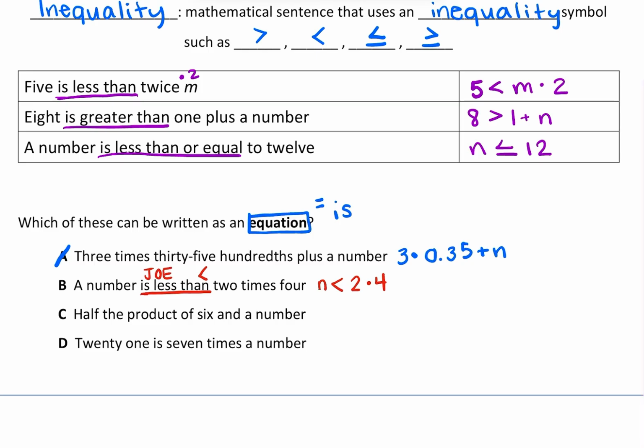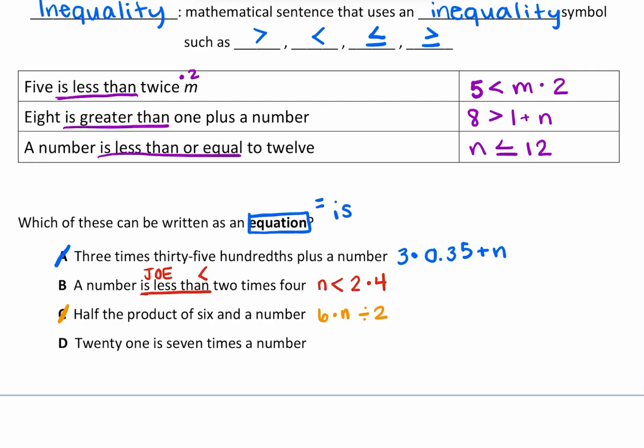Okay? C, half the product of 6 and a number. Okay, that doesn't have anything. So half means I'm dividing by 2. Product means multiply. 6 and a number. So 6 times a number divided by 2. Okay, and that one might be hard to write, but as long as it has no is, we're good.